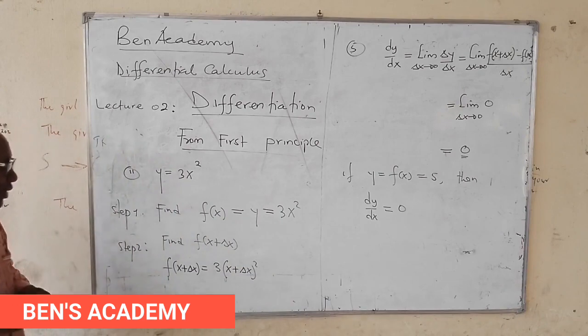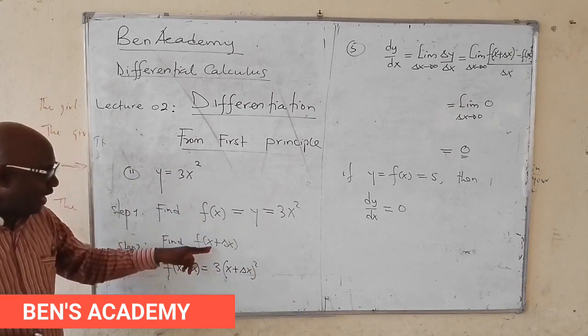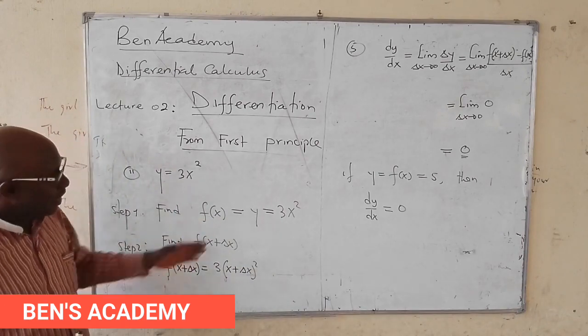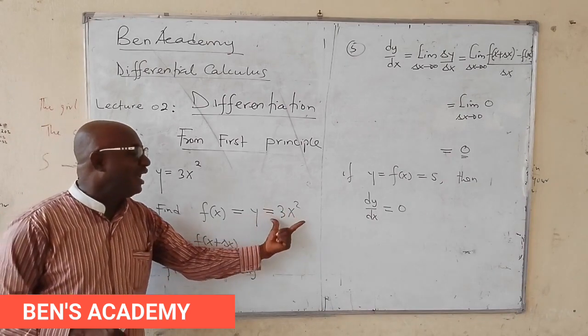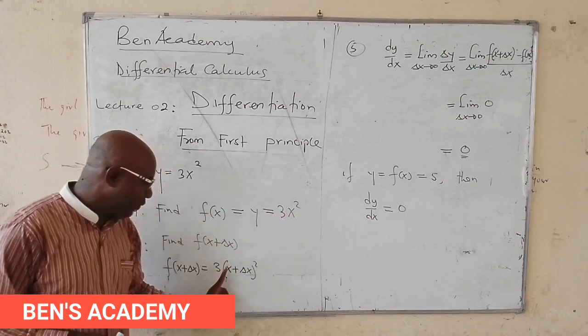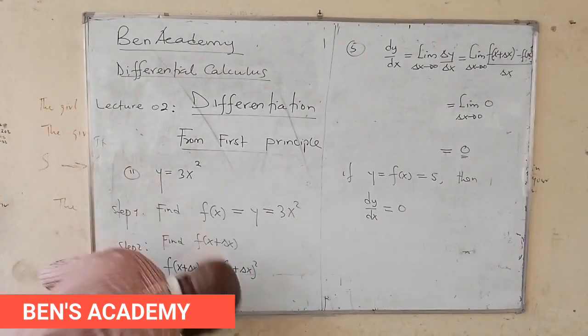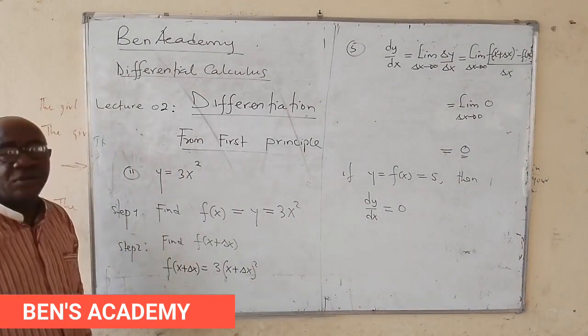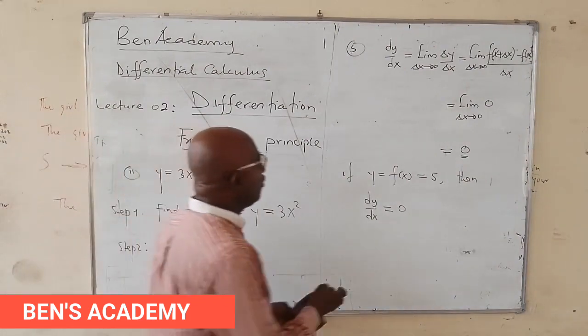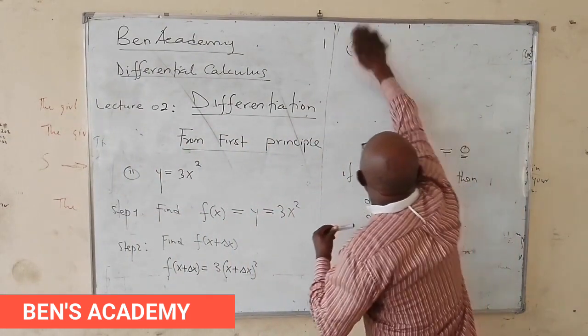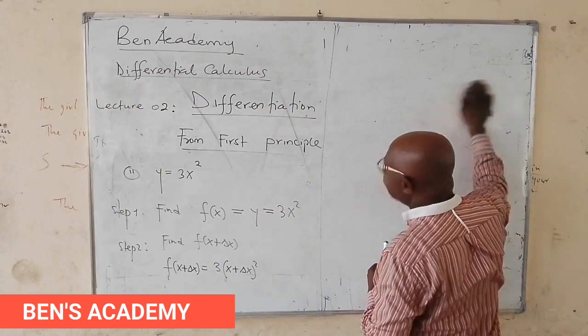As you can see, the value of x has been replaced by x plus change in x, and the output resembles this, only that x has been replaced by x plus change in x, all squared. So the next line of action is to expand this, and then move to the next step.